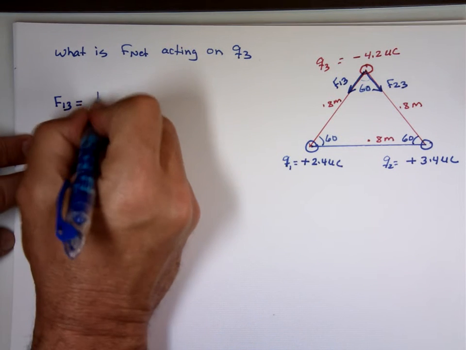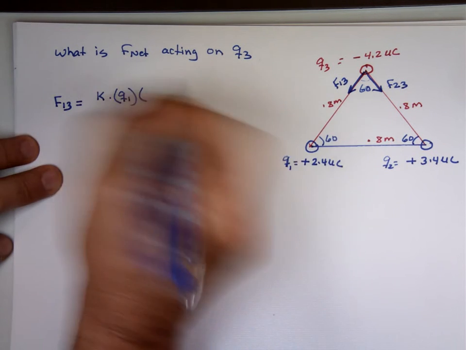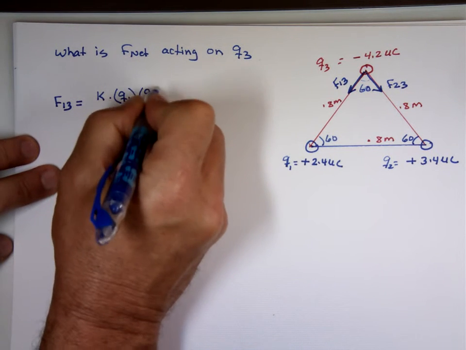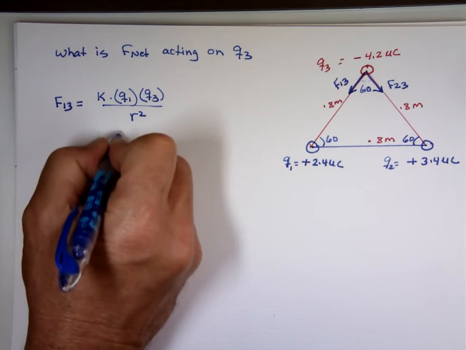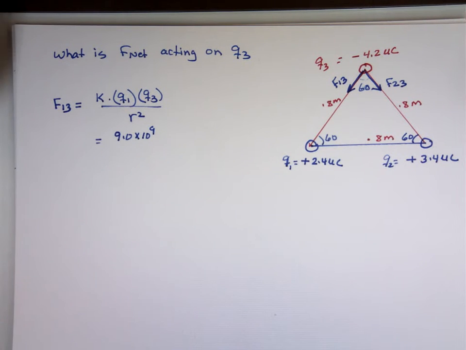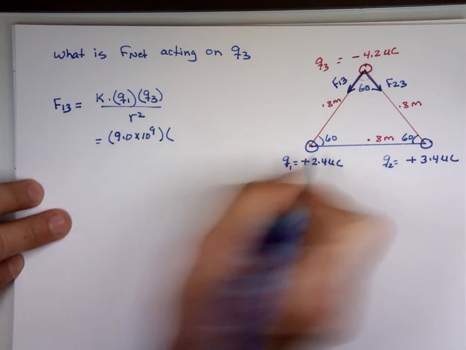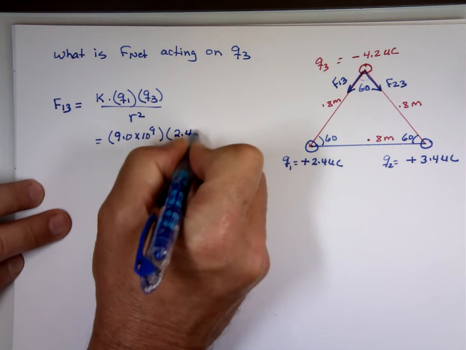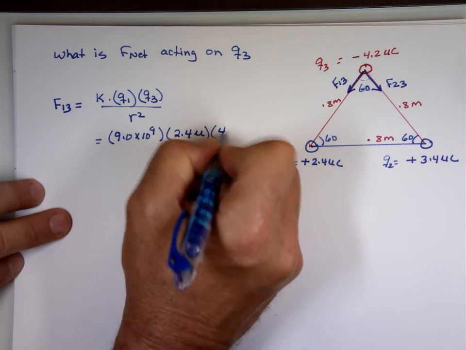K times Q1. When I say that, it's the absolute value. Q3, I'm just tired of putting absolute value, over R squared. So that's 8.99 times 10 to the 9, or 9 times 10 to the 9. I'll just make my life easy. Q1 is what? 2.4 micro. Micro is 10 to the minus 6. Q3, 4.2 micro. Notice I don't use plus or minus.